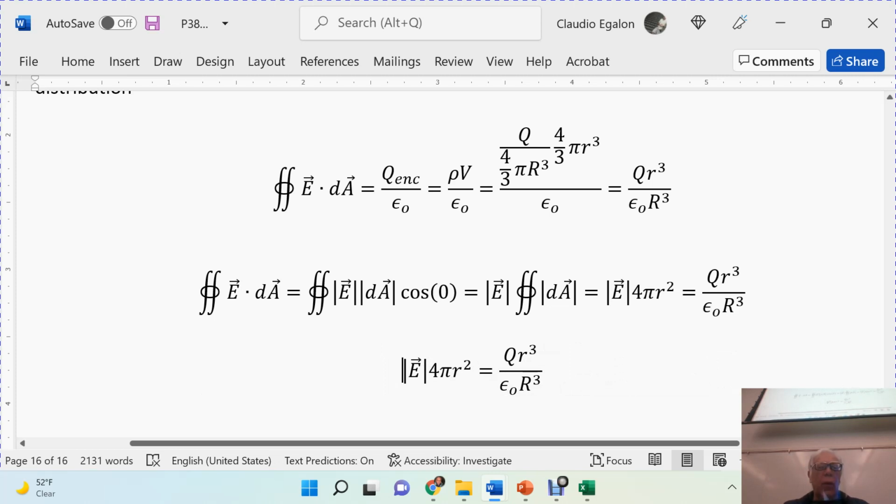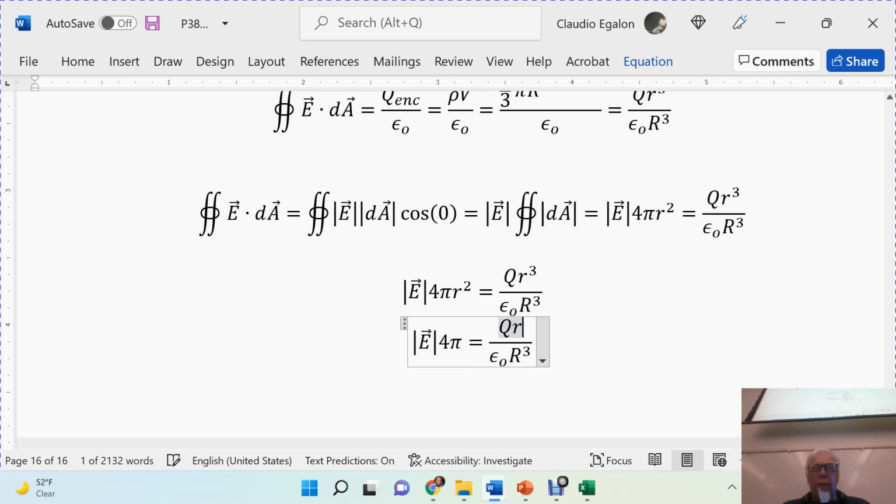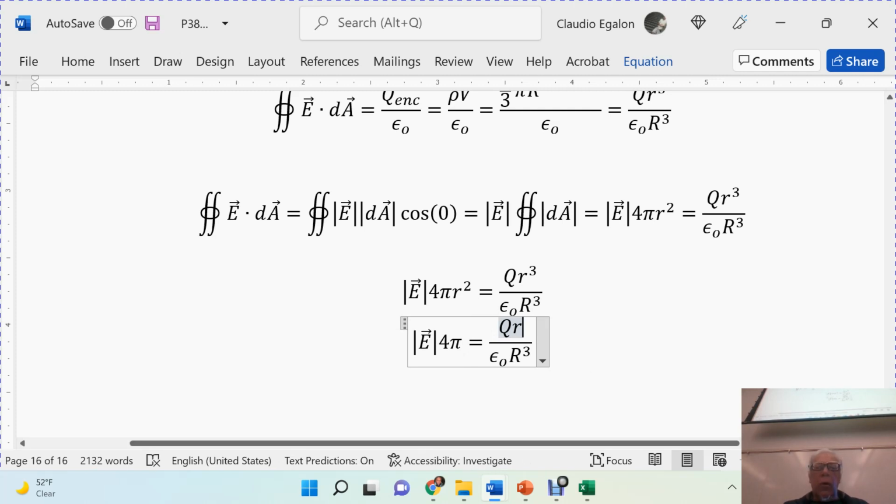The r squared cancels out with the r cubed. We have a linear variation of r. The 4 pi goes downstairs, becomes 4 pi epsilon naught, which by the way is k, right?